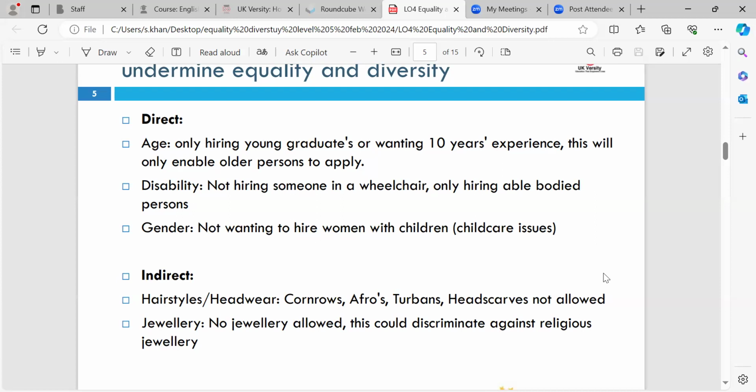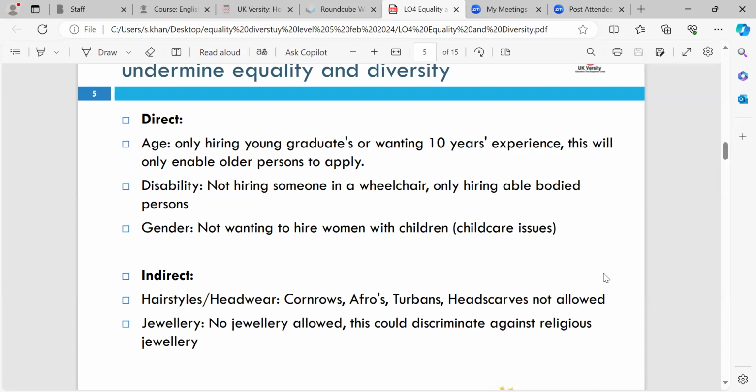As an organization, you should be meeting the requirements, disability discrimination should have been gone years ago. You should be providing these facilities, ramps, and hearing aids and things like that, and that should be in your policy.